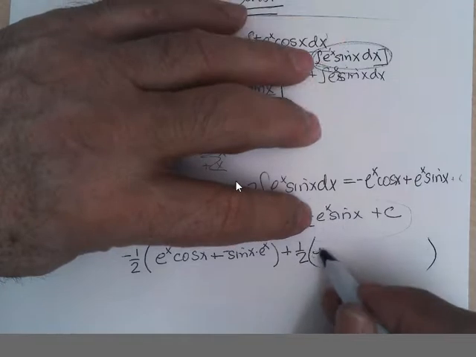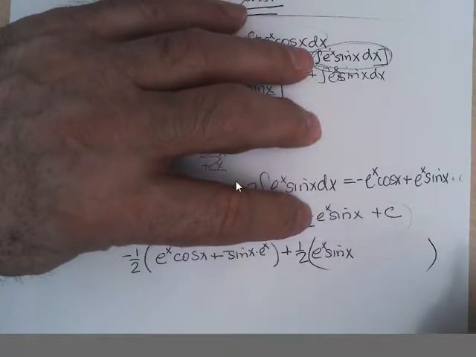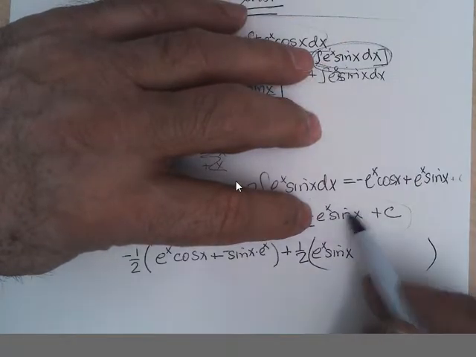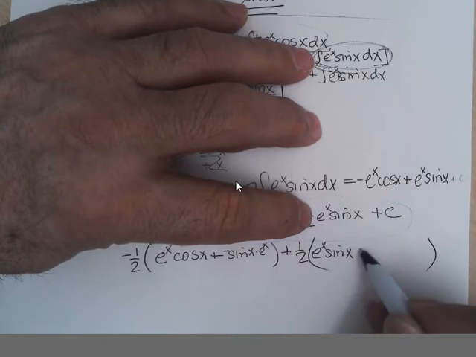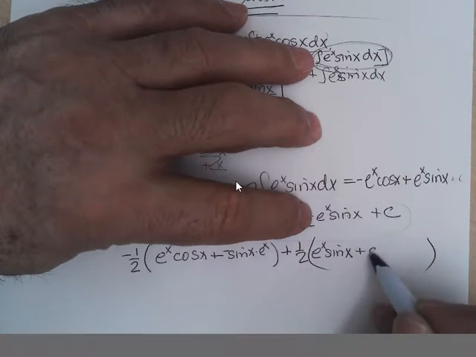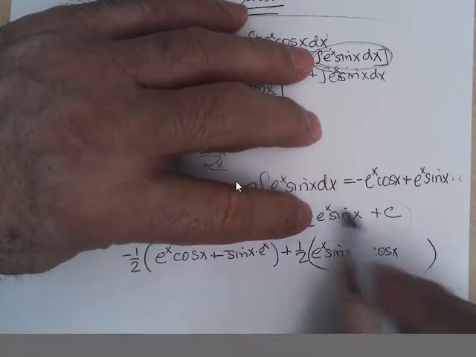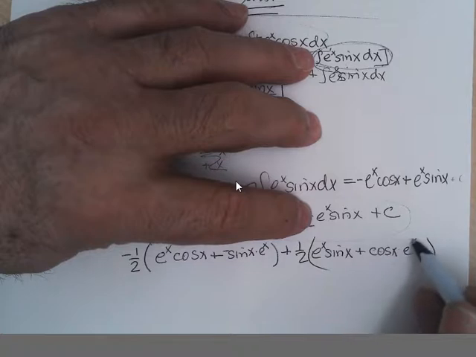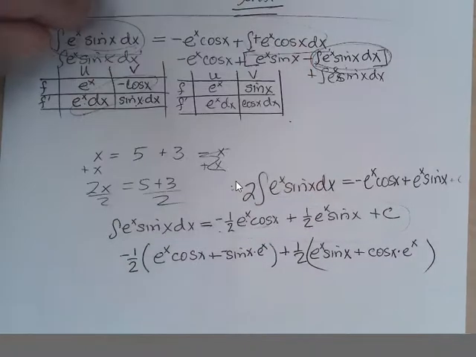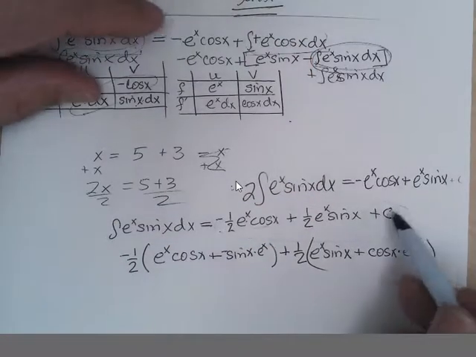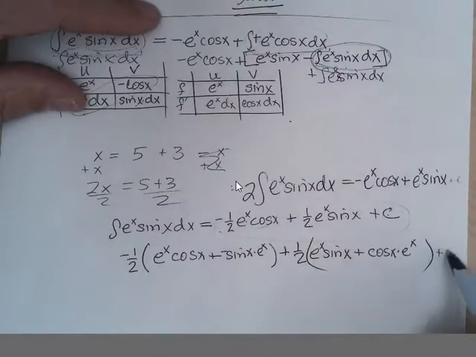Derivative of e to the x is e to the x sine x, and the derivative of the second is, derivative of sine is cosine x times the first. And the derivative of c is 0.